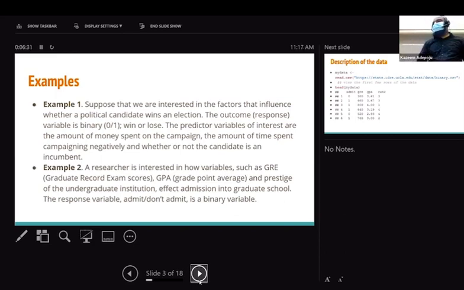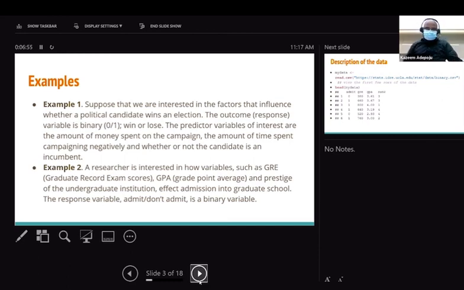Of course, I introduced logistic regression to you the other time. We fit a logistic regression model if we're trying to characterize a relationship between variables where the response variable is categorical.